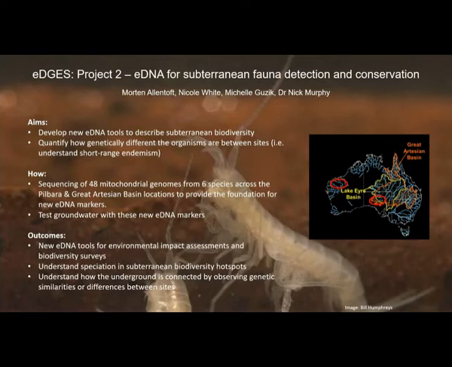Over the last 2 decades, Australian researchers have been, and are still, discovering a very rich stygofauna diversity. But despite considerable research in the last decade, much of the fauna remains poorly known.